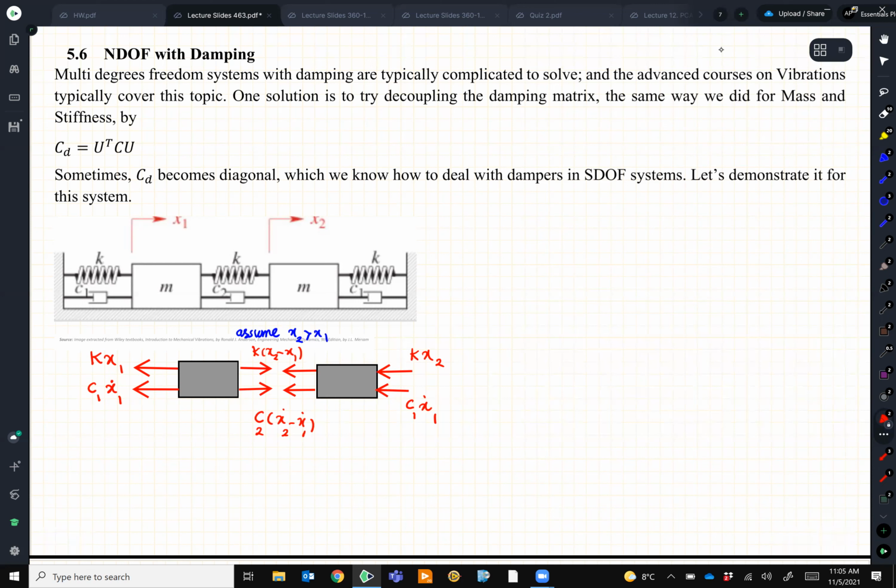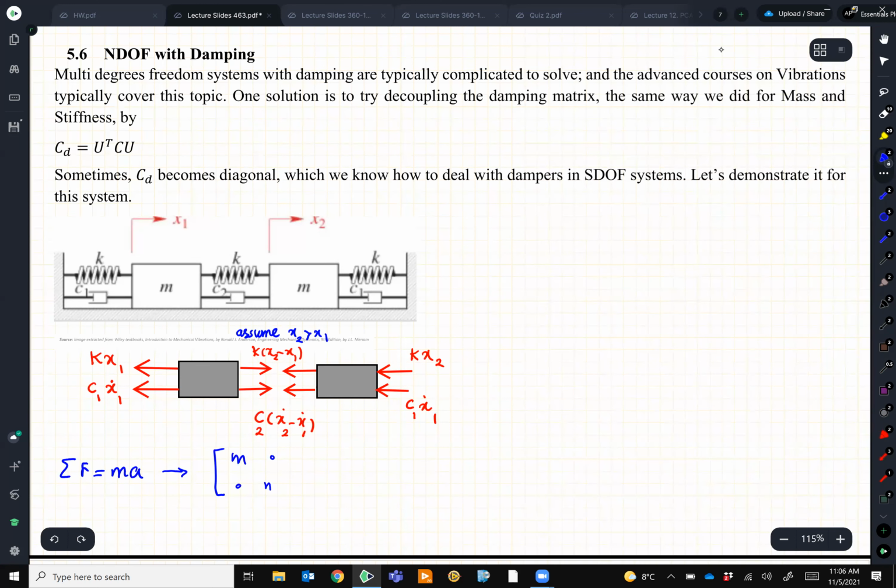So that's the free body diagram, the very first step, and you should be comfortable drawing the free body diagrams. So then our friends, the Newton law, sum of the forces equals MA. For x1 and x2, we know how to write them. We will do that, and then we put everything in a matrix format.